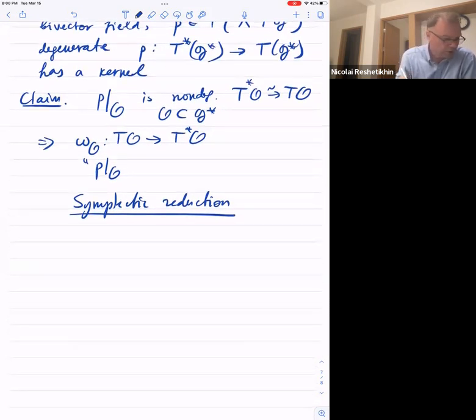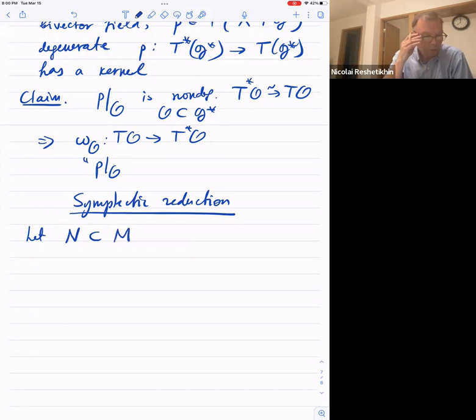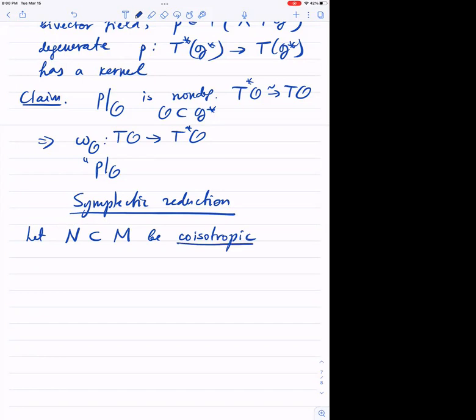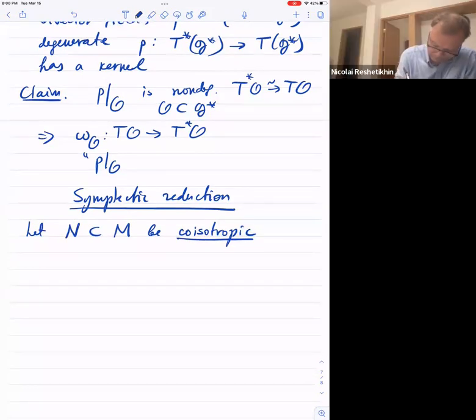So symplectic reduction. Suppose we have a coisotropic submanifold. So we have a form.